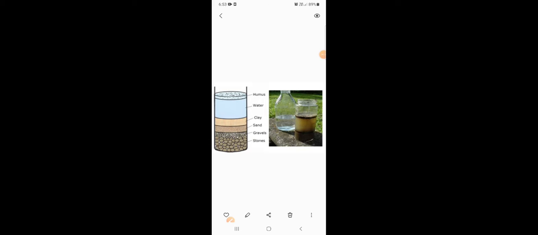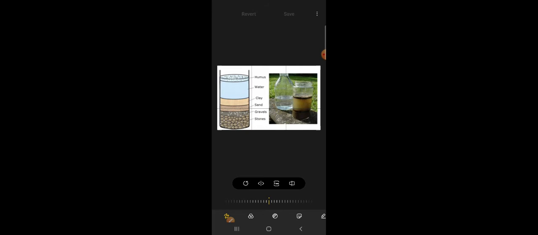We are going to take a glass beaker like this, and fill a glass beaker with water, about three-fourths of it.